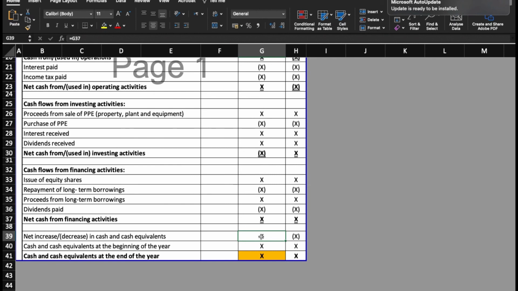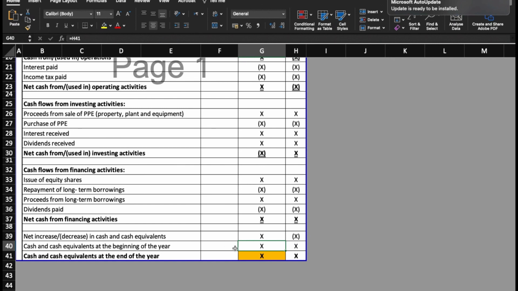Then we need to add the cash and cash equivalents at the beginning of the year. How do we calculate the cash and cash equivalents at the beginning of the period? This is simply equal to the closing balance of the cash and cash equivalents from the previous year. If there are no comparative figures, just leave this as 0.